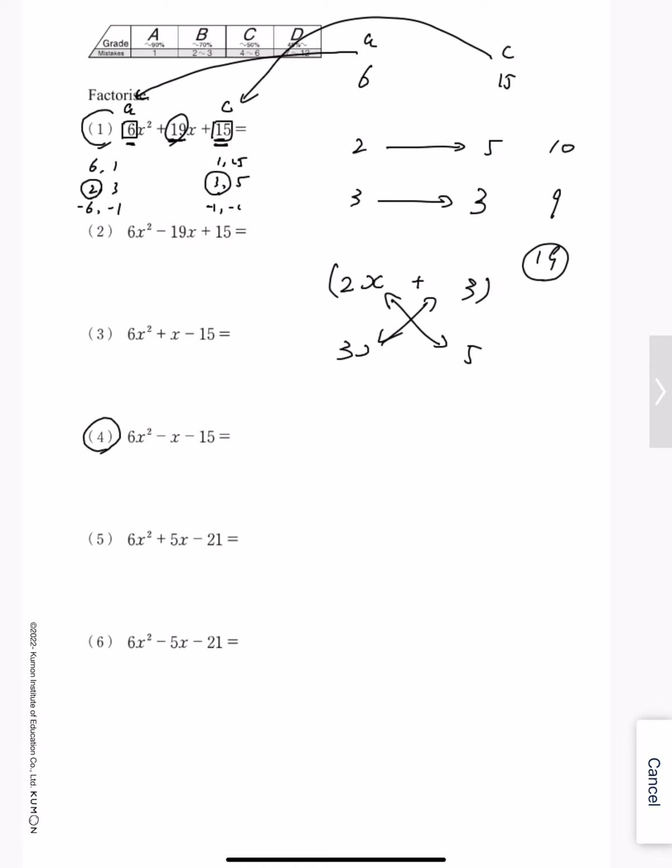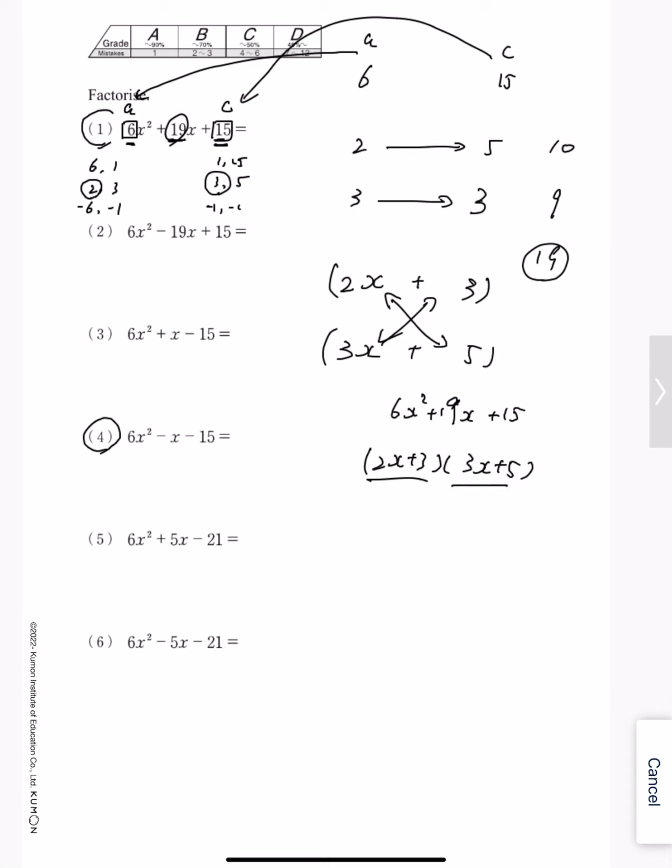And then 3x plus 5. So the factorization of 6x squared plus 19x plus 15 will be (2x plus 3)(3x plus 5). That's the factorization for that.